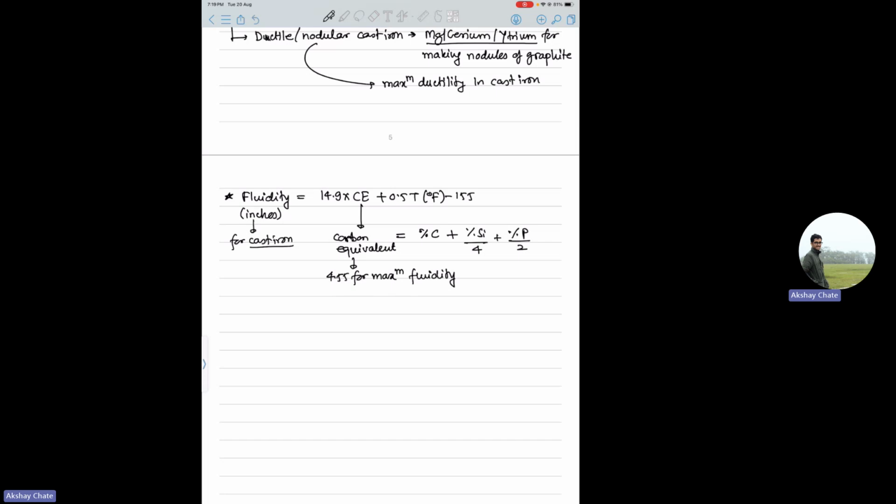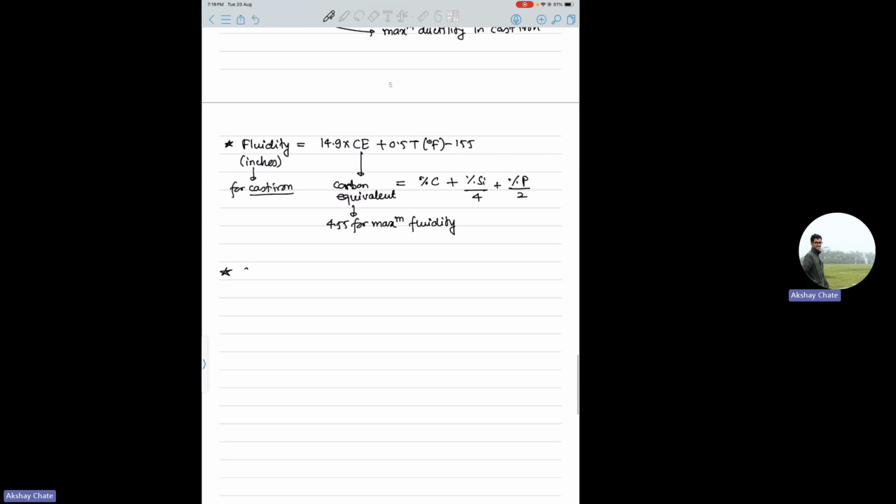So apart from that, you need to remember one thing in case of gray cast iron. We already talked about this previously, that there is no need of a riser, because it expands during liquid cooling and solidification.